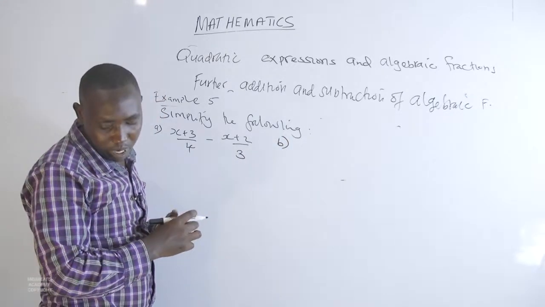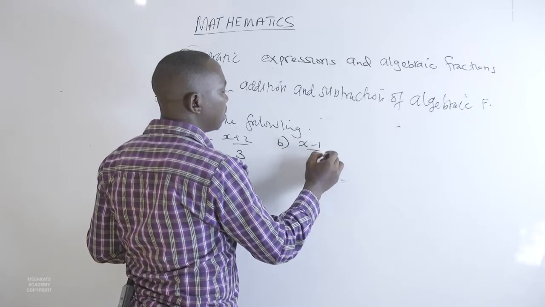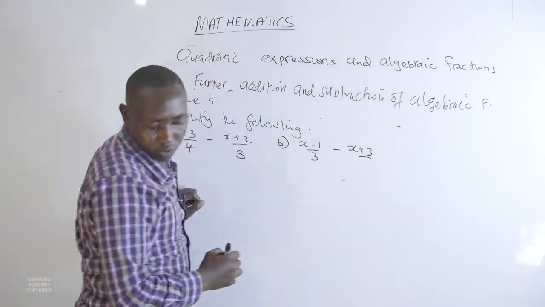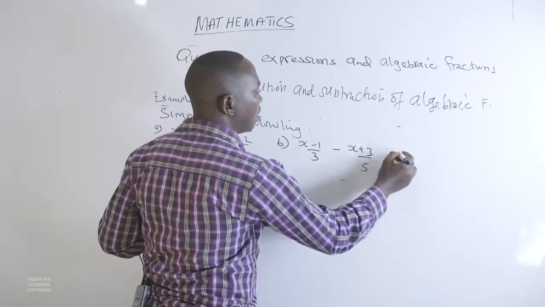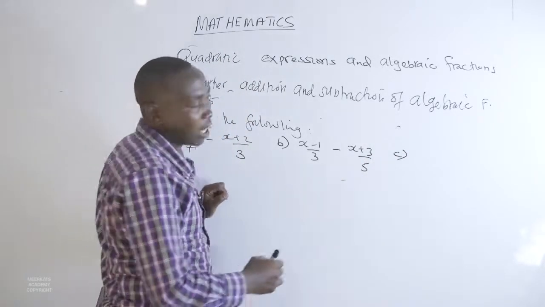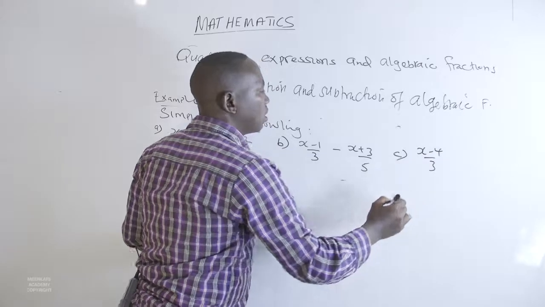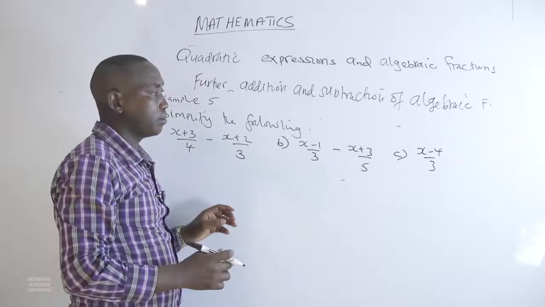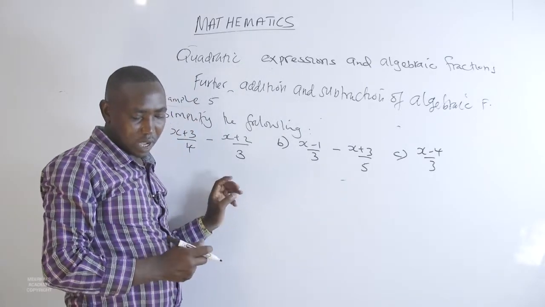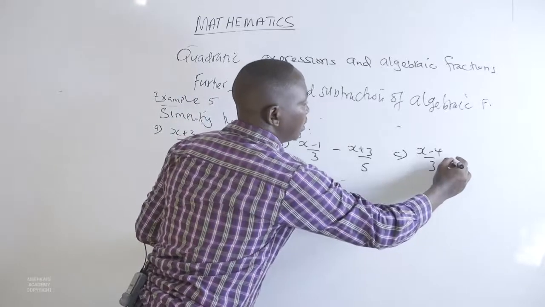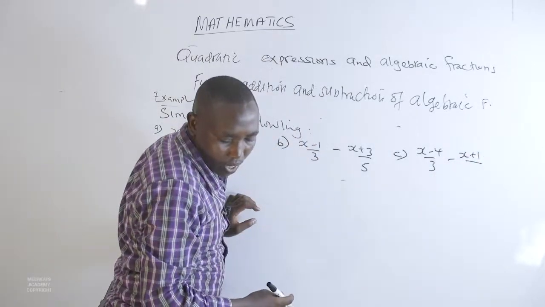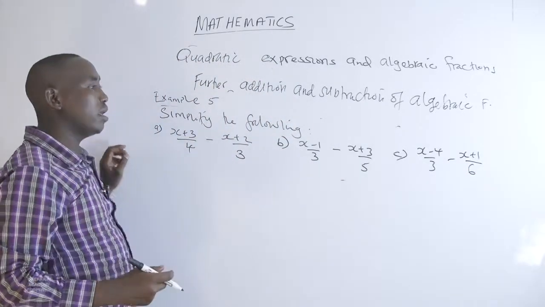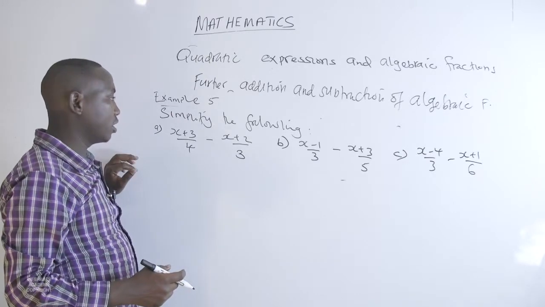Part B, x minus 1 over 3 subtract x plus 3 over 5, and C, x minus 4 over 3 minus x plus 1 over 6. So we need to simplify these three algebraic fractions.